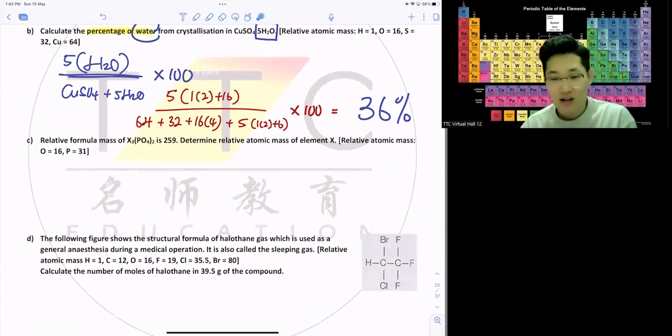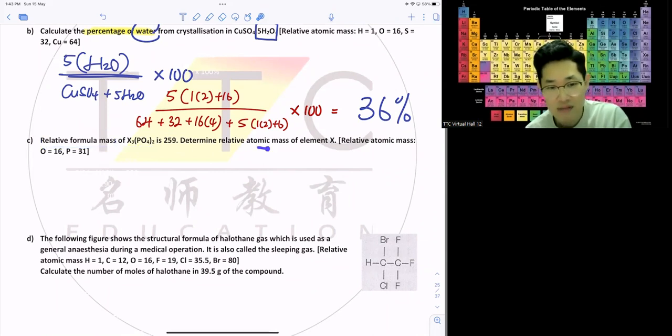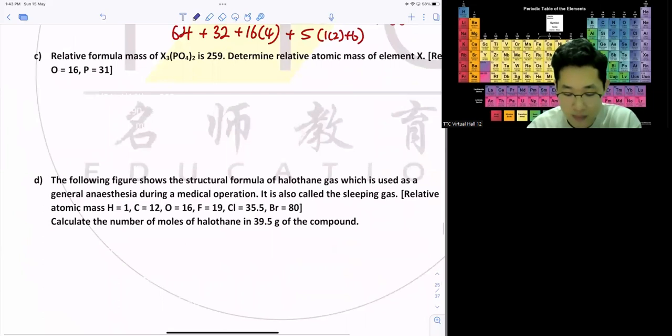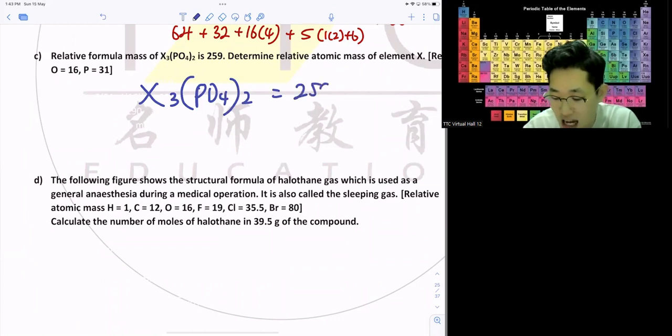Okay, next. Relative formula mass. Let me know if I'm going too fast. The relative formula mass of X3(PO4)2 is 259. Determine the relative atomic mass of X. So same thing, you have to find X again with the total equal to 259.